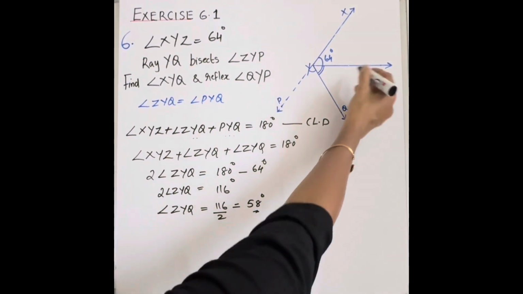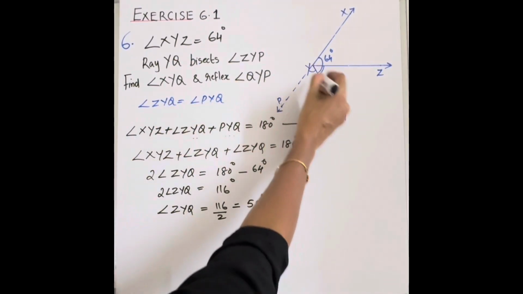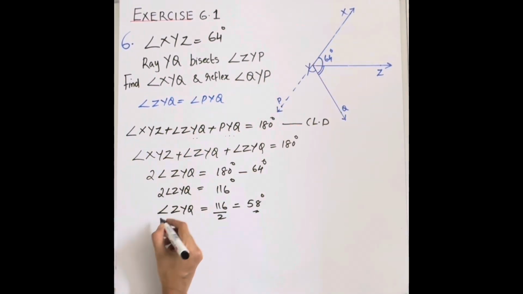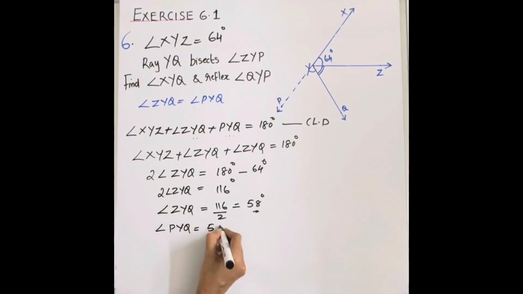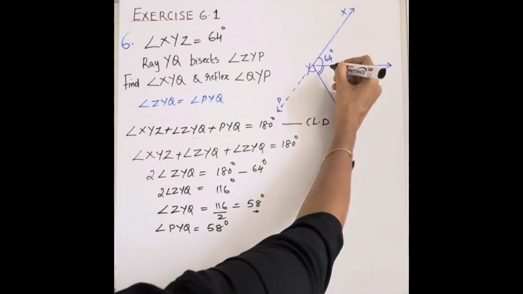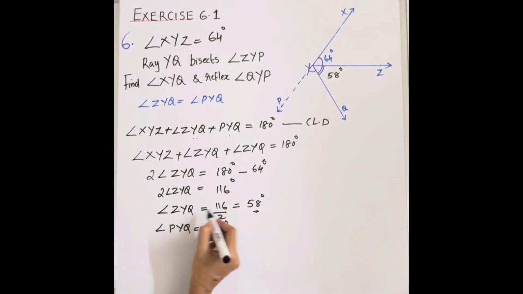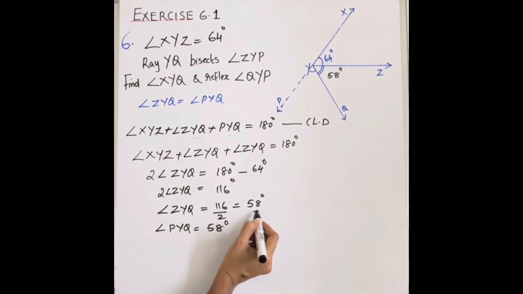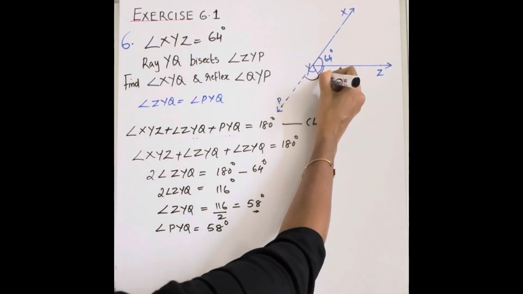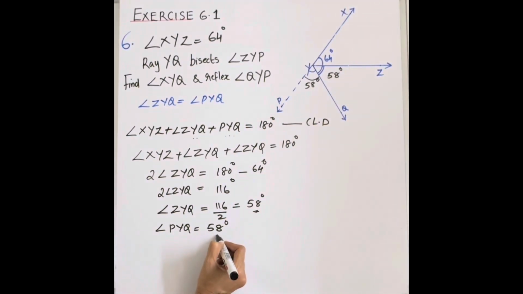So ZYQ is 58, and we know that ZYQ is PYQ itself. Both are equal, so we can write angle PYQ is 58 as well. We just found out ZYQ is 58 degrees, and this is also 58 degrees, because PYQ is equal to 58 degrees as well.